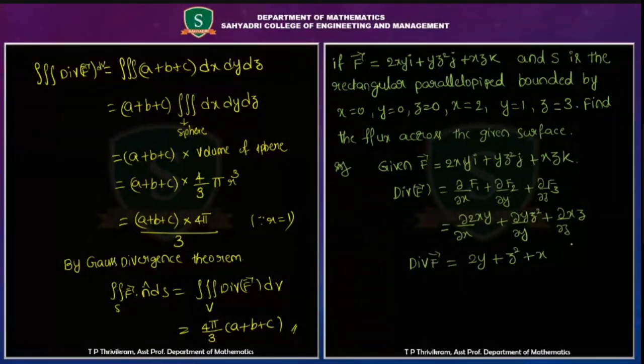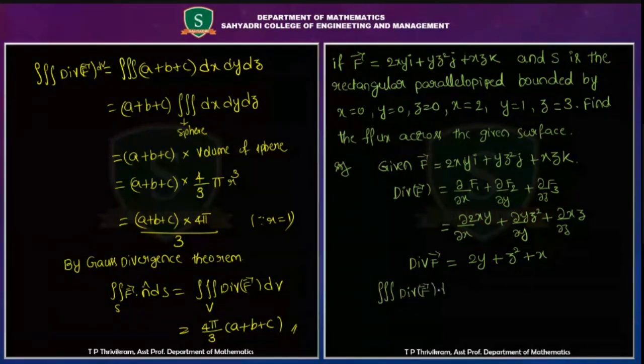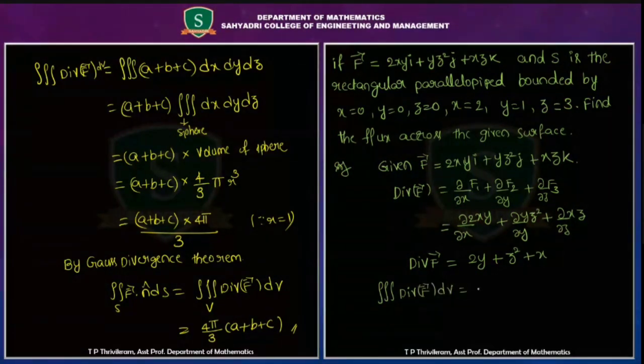Now if you apply the triple integral on both sides, so triple integral of divergence F dV is equal to the triple integral of 2y plus z² plus x. You can follow any order, but usually we follow dz, dy, dx.